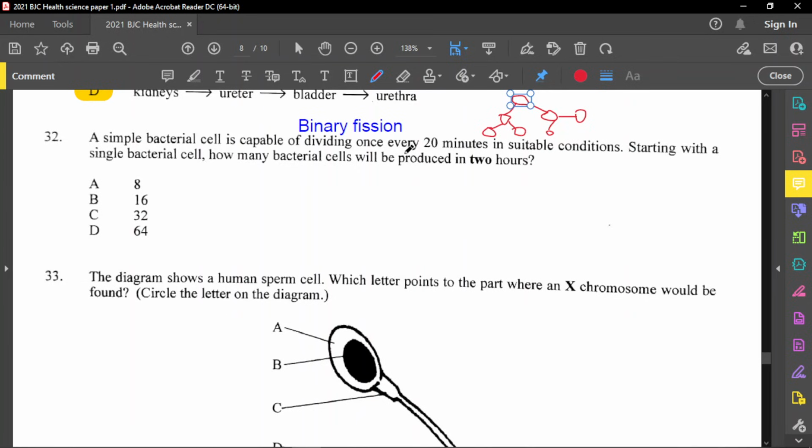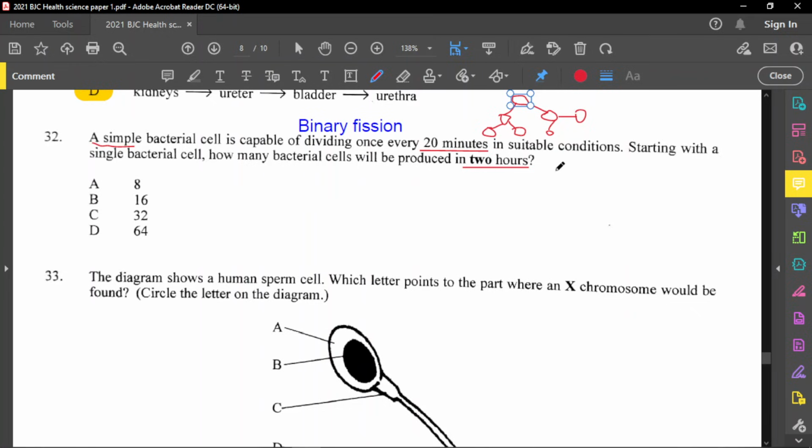Here it said that the cell divides once every 20 minutes. So that's the first thing we need to know: divide every 20 minutes. Now we start out with a single cell. So one cell, and every 20 minutes it divides. Now it asks how many cells are produced in 2 hours. So first we need to know how many minutes are in 2 hours.